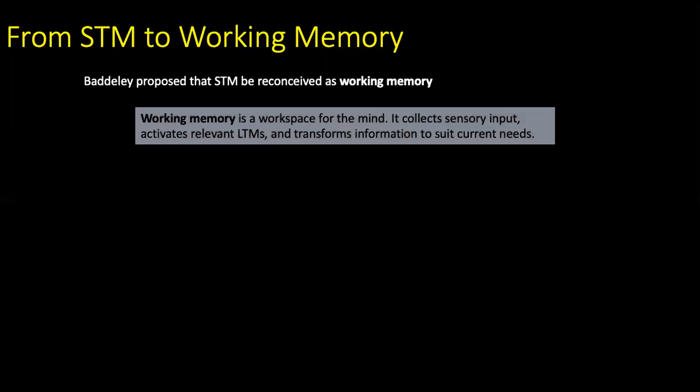It's thanks to Baddeley. So working memory in his model is really like the workspace that we have in our consciousness. It's pulling in the things that are happening to us moment to moment, collecting all of that sensory input that we get through our different senses. And it's also what activates important long-term memories to pull back into our consciousness, right?